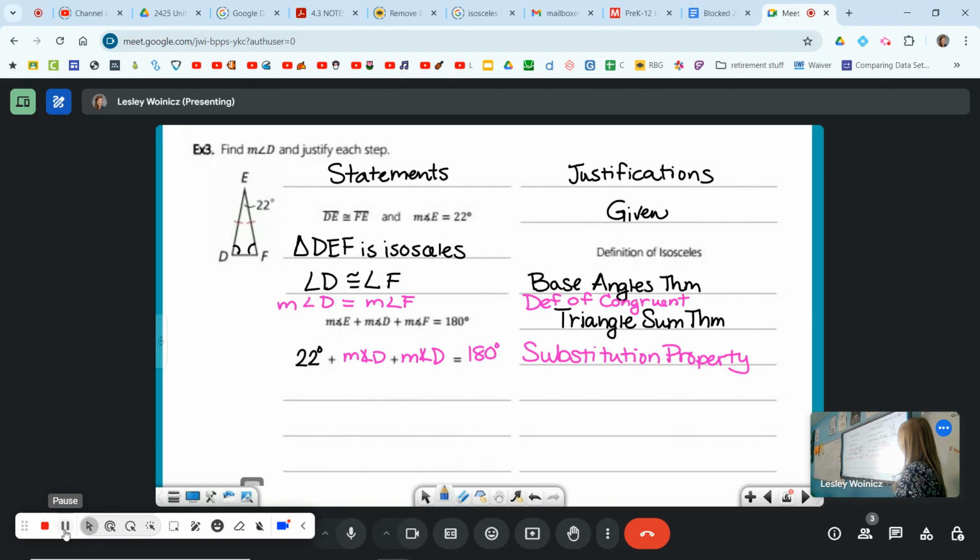All right, now what? Do you guys want to combine like terms or subtract away the 22? It doesn't matter which one we do. Okay, let's combine. So I'll have 22 degrees plus how many measures of angle D? 2.